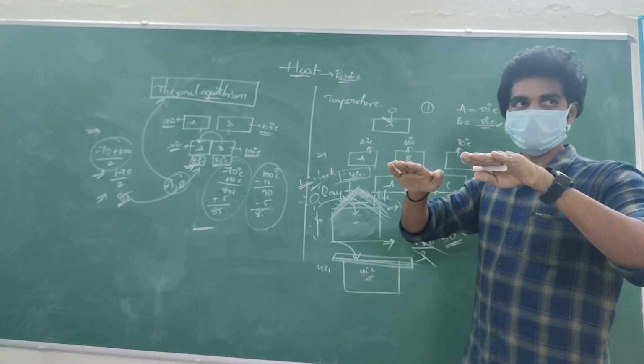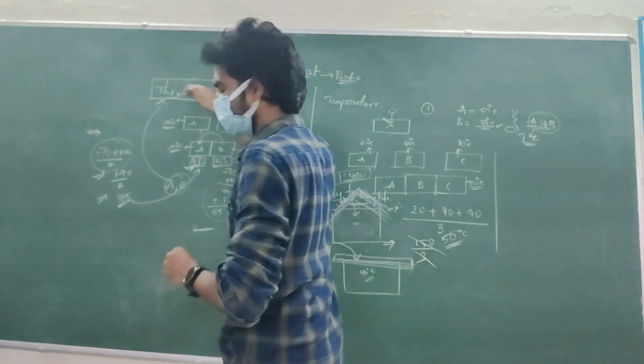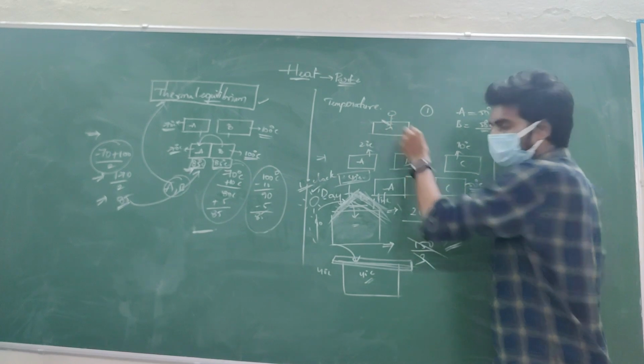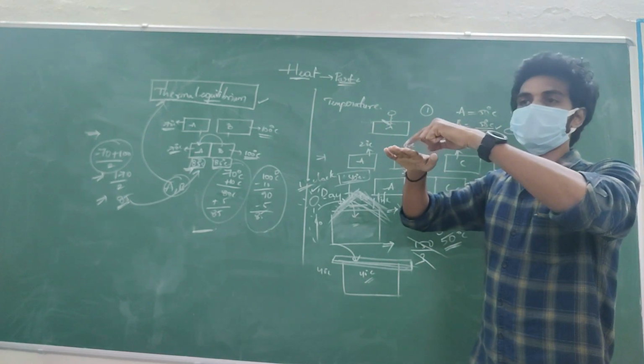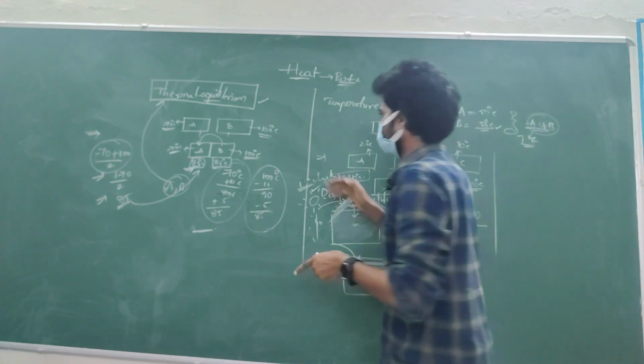Yes or no? Yes, that's because we tend to maintain thermal equilibrium. After some time, your body temperature is higher compared to the bench's temperature, so the heat energy flows from your hand to the bench, right? So that is one more example.